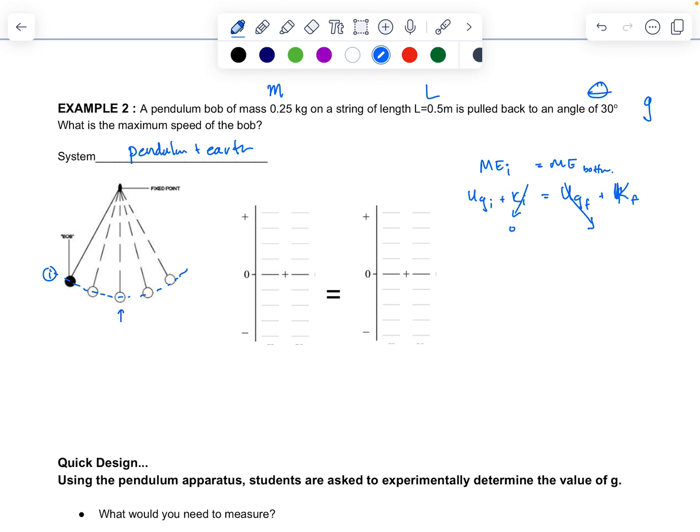We're going to make gravitational potential energy equal to 0 at the bottom of the swing. So we have mg times our initial height is equal to 1/2 m times the maximum speed at the bottom squared. This business here is really the key: figuring out what that maximum height is.